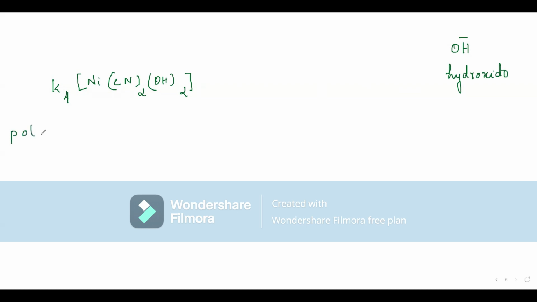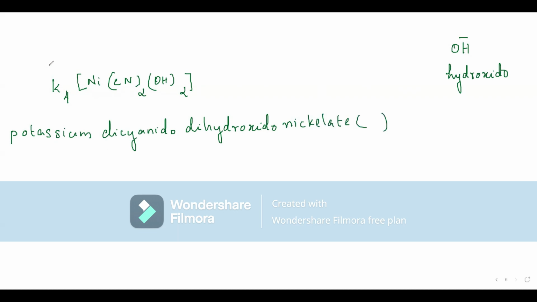Therefore, now potassium, alphabetic order, cyanido will come first. Dicyanido, dihydroxido, nickelate, bracket, +4, X, -2, -2.